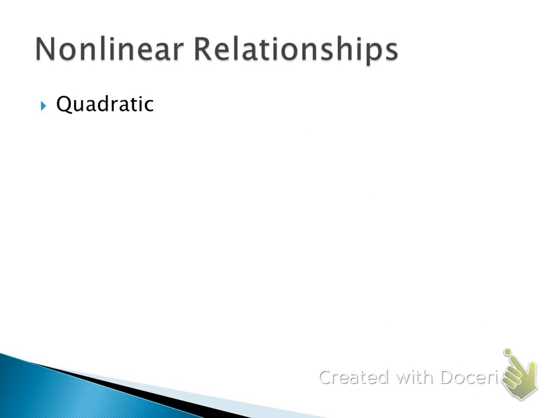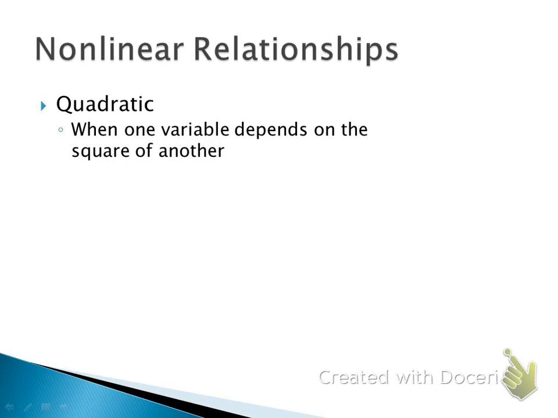What if the graph is not exactly linear? We're going to talk about two quick types of graphs here. A quadratic relationship is when one variable depends on the square of another.